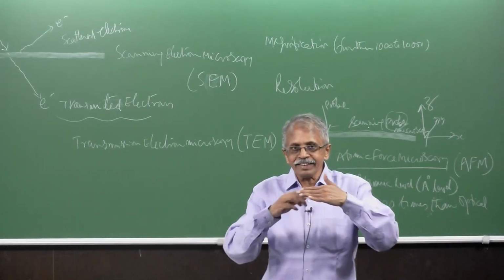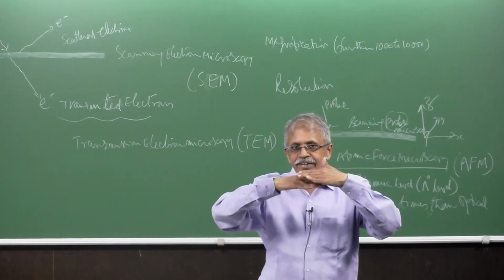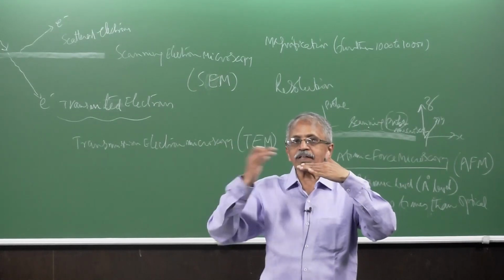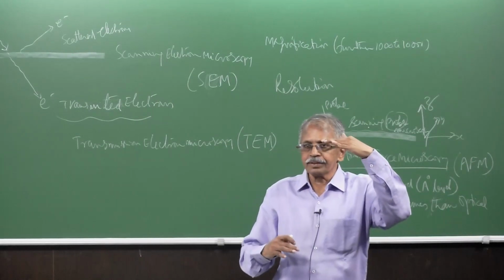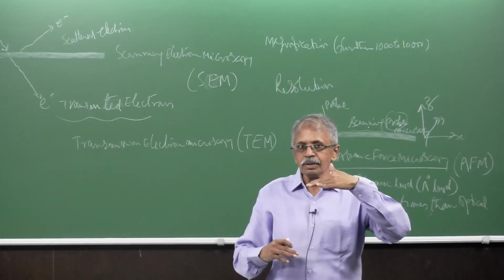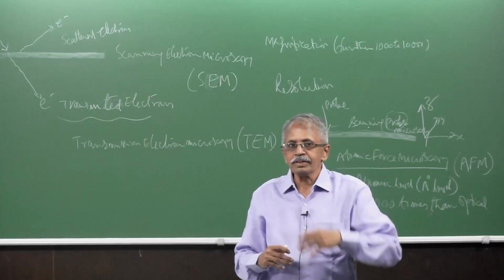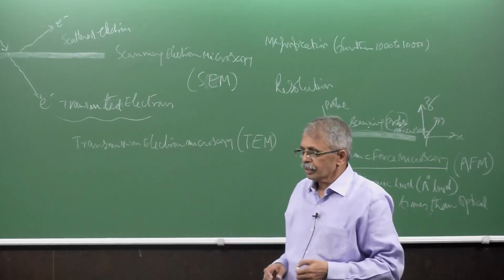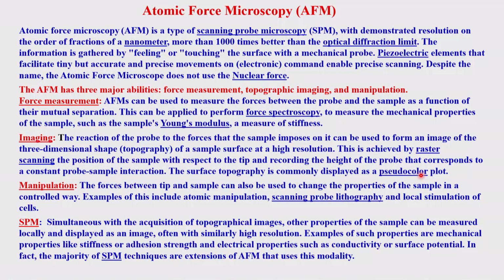And when you're walking, you face certain reflections, certain attractions and repulsions, pulling the tip closer, pushing the tip farther. That is what gives you the surface topology, the shape, etc.